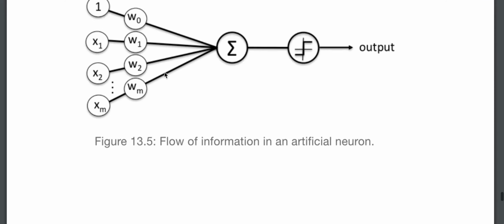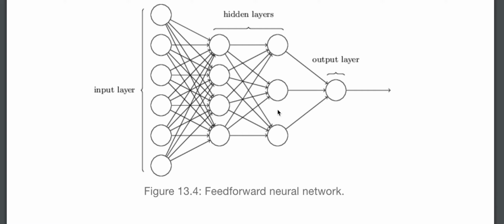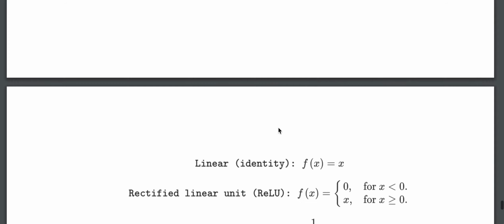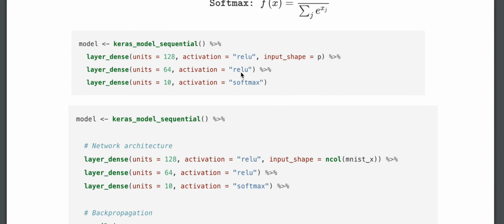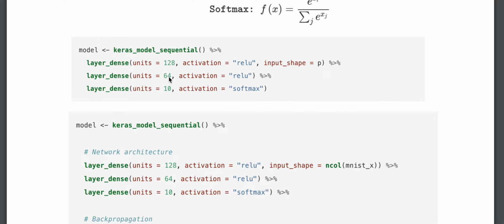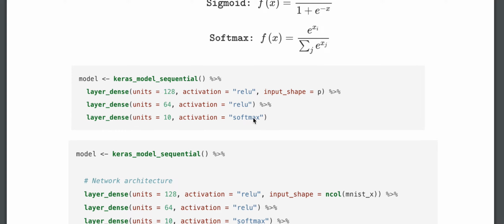And then after 128, you have 64, which are again rectified linear units. And then the output of those goes into 10 units, where each of the 10 units has a softmax output function. So this is useful if you wanted to solve a classification problem with 10 categories, one example of which is reading handwritten digits.